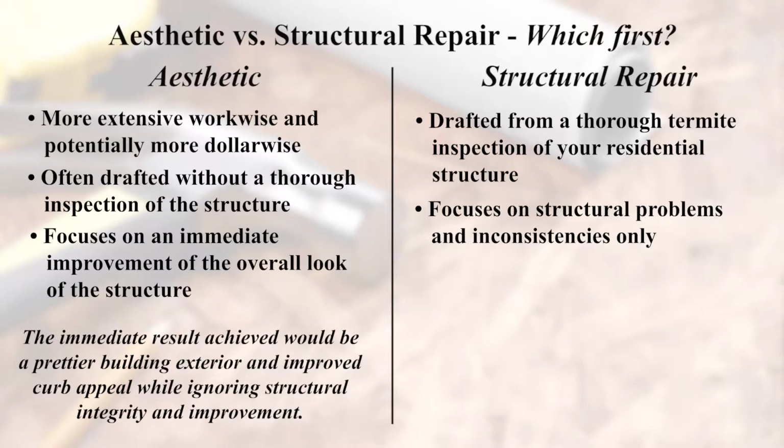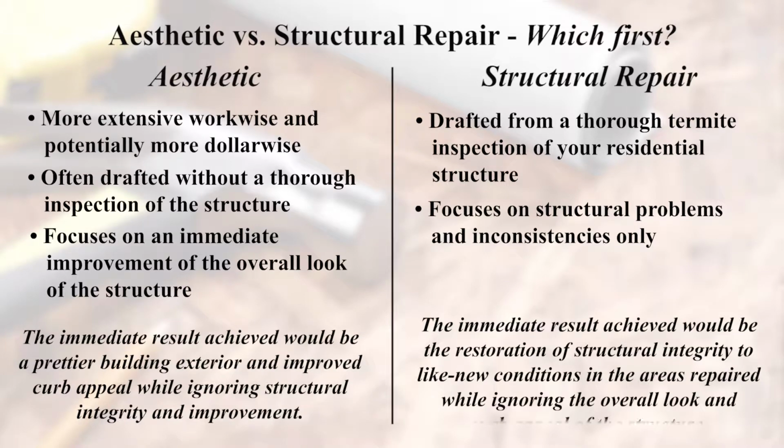The immediate result achieved from a structural scope of work drafted after a thorough termite inspection would be the restoration of structural integrity to like new conditions in the areas repaired, while ignoring overall look and curb appeal of the structure. If you are faced with having to decide between implementing one repair program over another, the thing you should consider is what is immediately more important to you, curb appeal or restoring structural integrity.